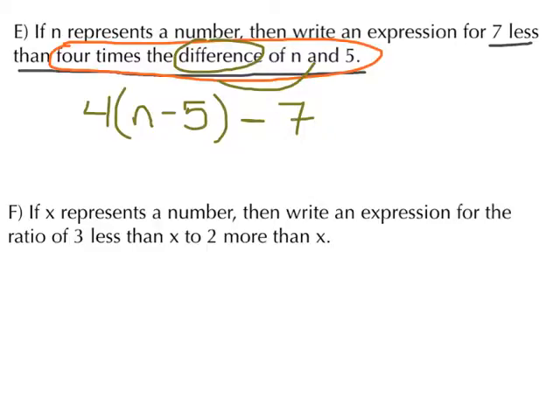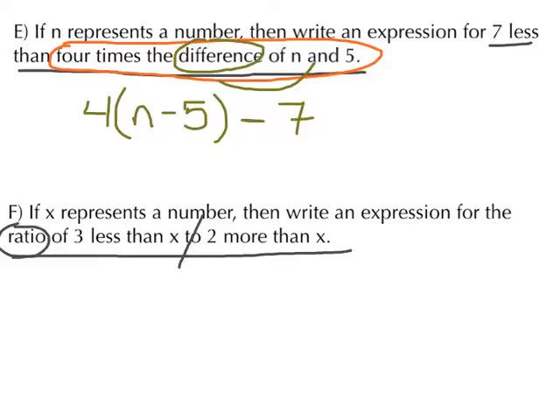F. If x represents a number, then write an expression for the ratio of 3 less than x to 2 more than x. So the ratio of 3 less than x. So let's start with that. So the ratio is going to be divided right here with the word to.